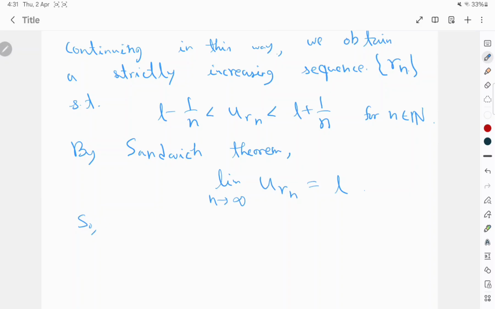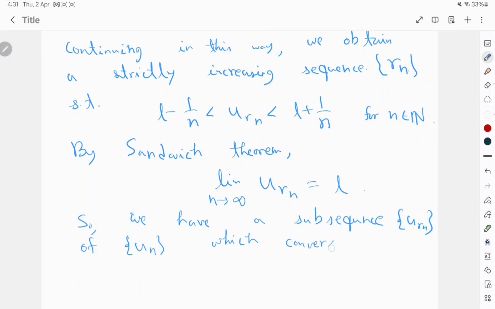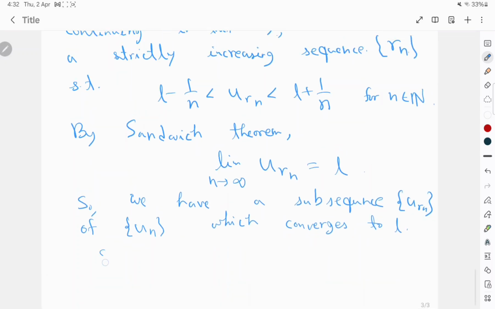U Rn that is going to L, so you can say L is a subsequential limit of the sequence Un. So L is the subsequential limit.